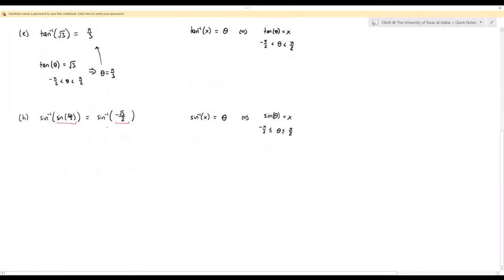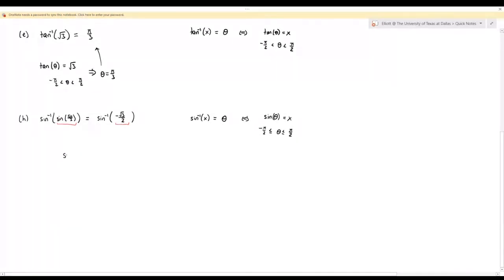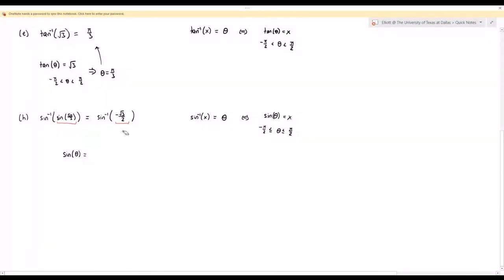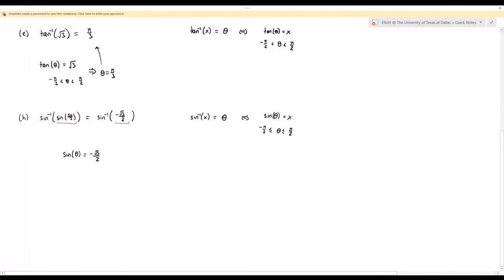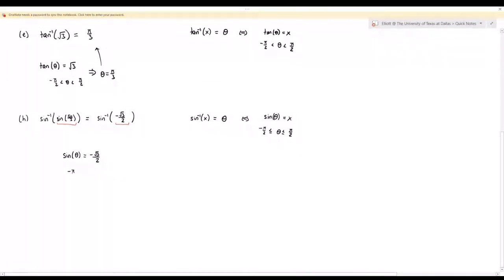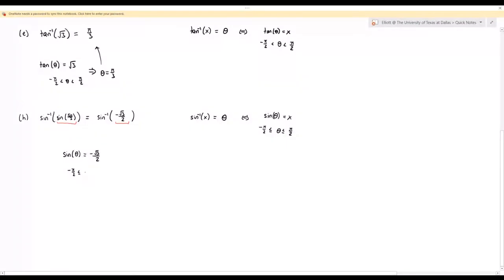So here I want to think about for what angle theta the sine of theta is going to be minus root 3 over 2. And it can't just be any angle. It has to be an angle in this range from minus pi over 2 to pi over 2.